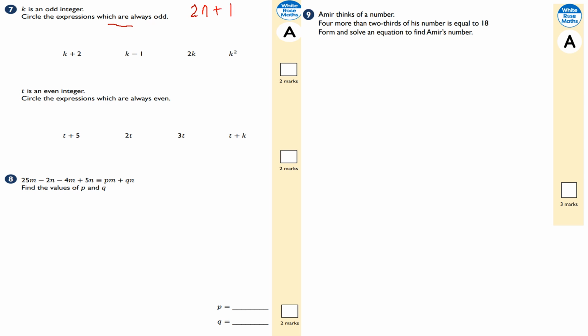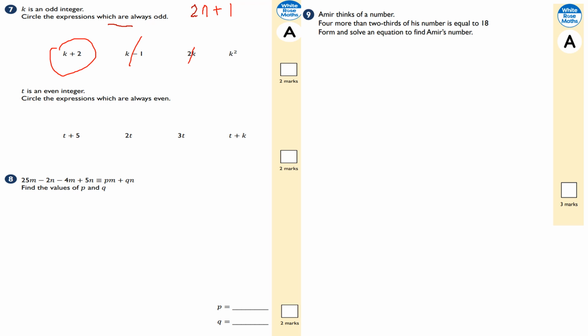For something to be odd, if I add 2 to it, then that'll be 2n plus 3, so that will be odd. This one wouldn't, because if I subtract 1, then I would get just 2n, so it can't be that one. 2 lots of this will give me 4k plus 2, so no, that wouldn't work, because an odd times even will always be even.